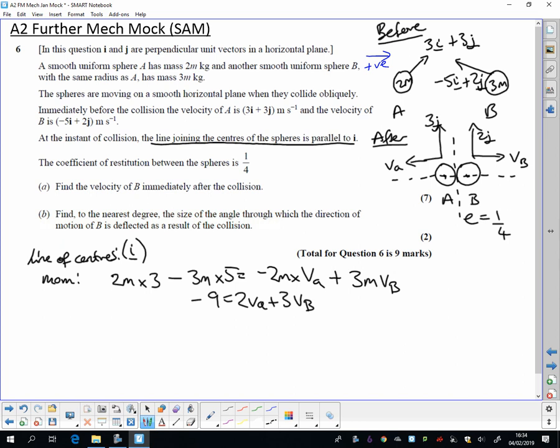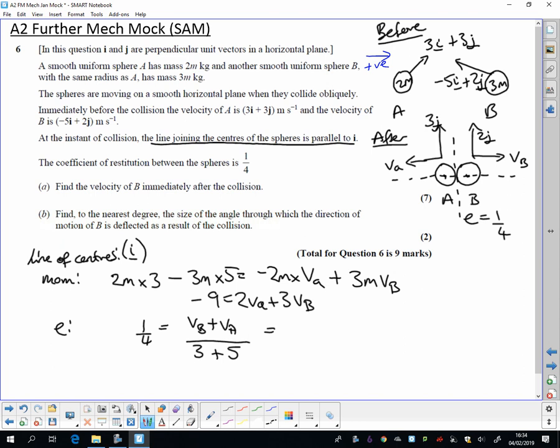We can also then look at the coefficient of restitution. A quarter was the coefficient of restitution. Now the speed of separation is going to be the two speeds added, because they're now moving apart from each other in my diagram. And the speed of approach, they are also approaching each other, so it's going to be 3 plus 5, remembering we're doing the i direction here.